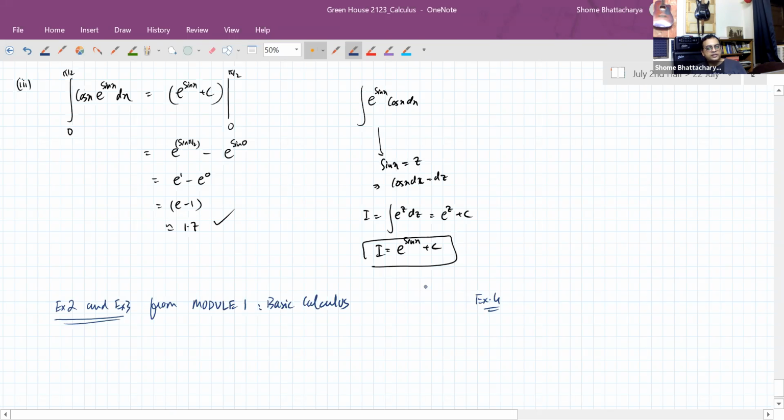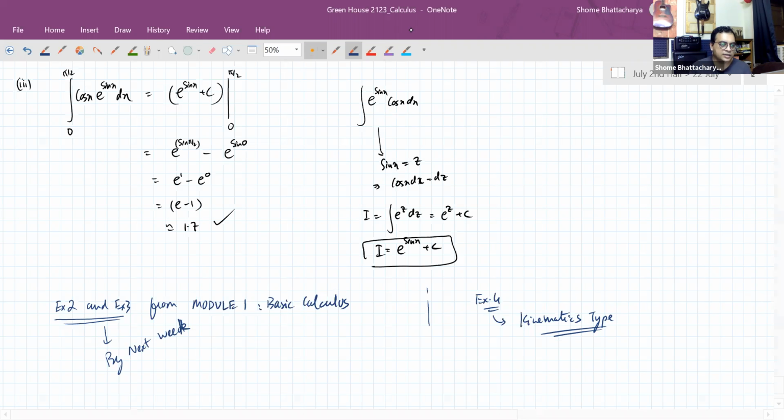But if you have not yet started, first concentrate on 2 and 3. Exercise 4 is like the kinematics type applications, so we'll pick some of them up in the next chapter when we're doing kinematics also. But these two, complete them by next week, so that we can discuss the doubts in the next lecture also. We'll do some of the questions and doubts on these two exercises in the next lecture, and we'll start with kinematics thereafter.